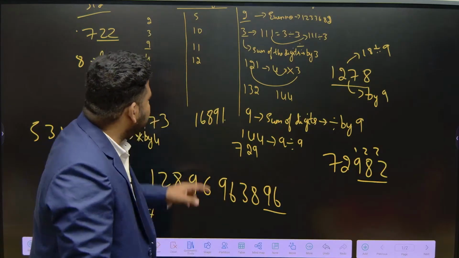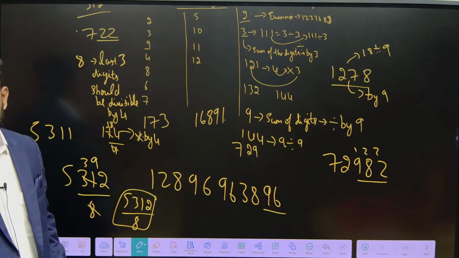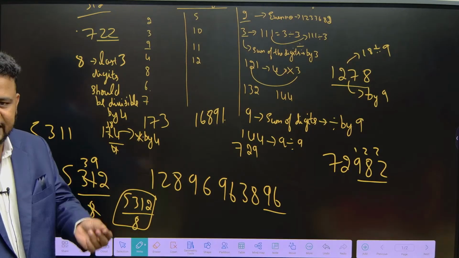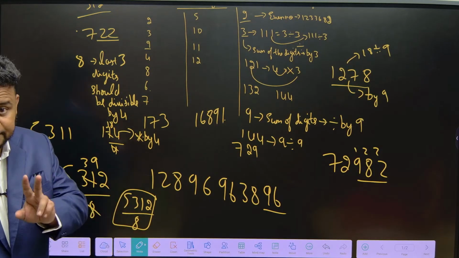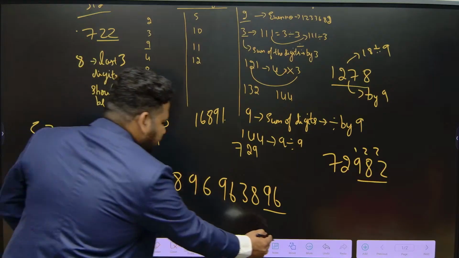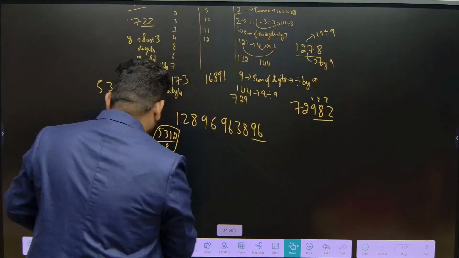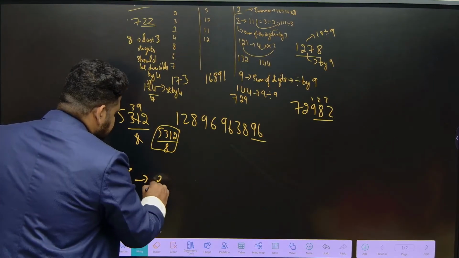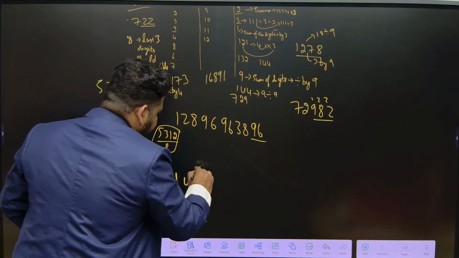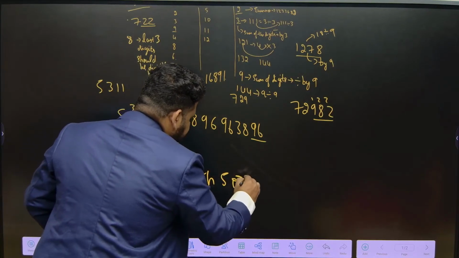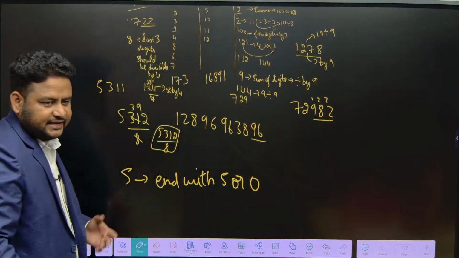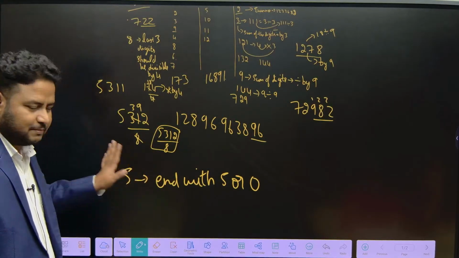Correct? Now when I talk about 5 and 10, very simple. Whenever I talk about 5 and 10, it should end with 5 or 0. When I talk about 5, please be careful, don't get confused. 5 means the number ends with 5 or 0. Any number ending with 5 or 0 is divisible by 5.